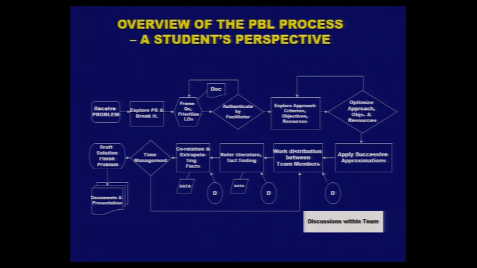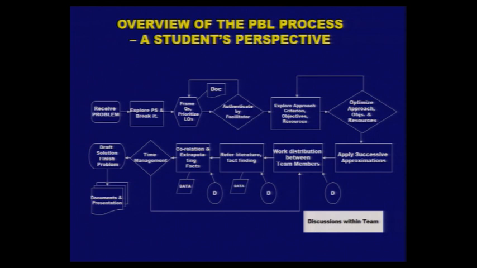Time management. In fact, the next row is totally on teamwork. So when the technical aspects are taken care of in the top row, the next row is on work distribution and team cohesion. Then at each point, they are generating documents to be cross-checked by you, and they are also your assessment and evaluation points.